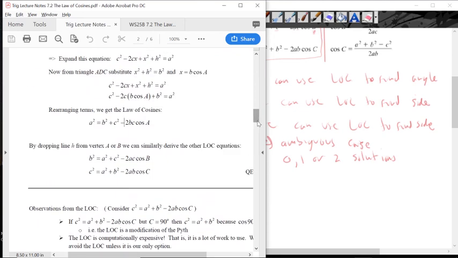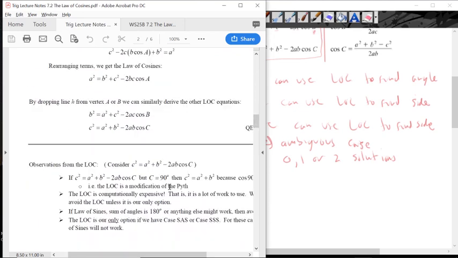So, some observations that we can make. Again, the law of cosines is quite expensive computationally. If we don't have to use it, we should just avoid using it. We should really reserve the law of cosines for when nothing else is going to work, and that would be in the cases of side-side-side and side-angle-side. That's when the only option we have available to us is the law of cosines.